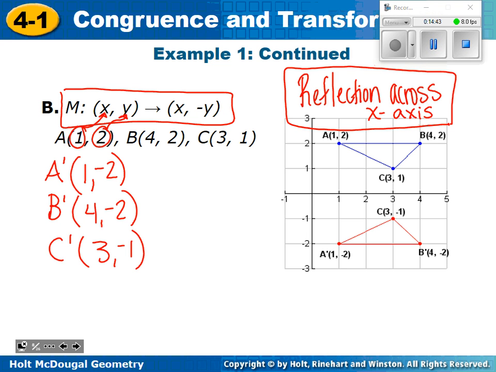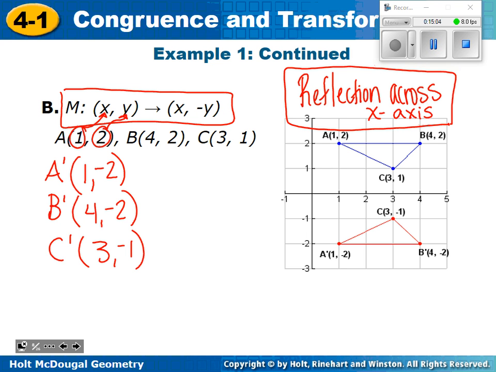So if that's the case, what would a reflection across the Y-axis have to look like as a rule? Say it again. Very good. So another one we could list here is (x, y) arrow (negative x, y). The X changes to a negative, but the Y stays positive.